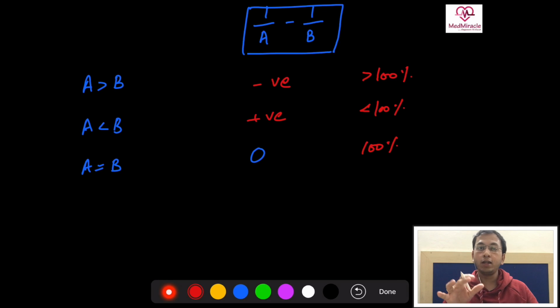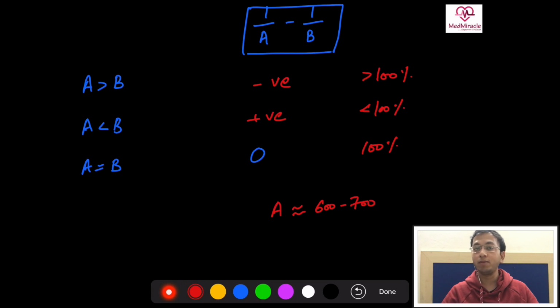So guys, there is some controversy as to what exactly is the number of correct options in a PGI exam. Nobody knows for sure. But one thing I can tell you for sure is that the value of A in your PGI exam is going to be somewhere around this.